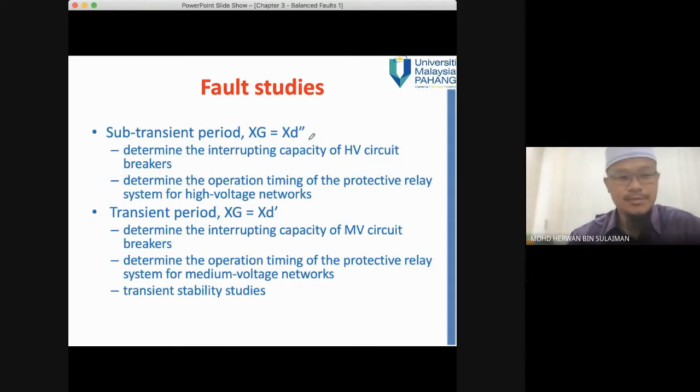Okay, and then in terms of subtransient, so normally kita ada subtransient period, kita panggil X"d. Ini refer to generator lah. Okay, so there is X"d double prime. Okay, this one determine the interrupting capacity of high voltage circuit breakers, determine the operating timing of the protective relays for high voltage networks, and we have the transient period X'd prime. Ini we refer X'd maknanya for the generators.